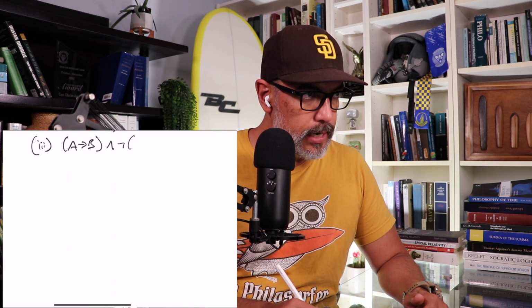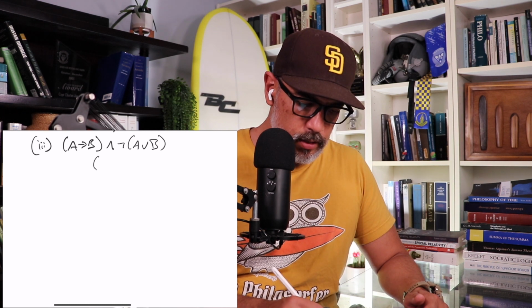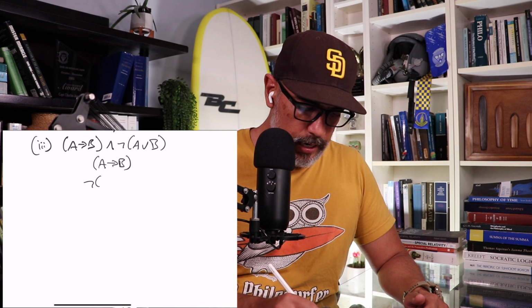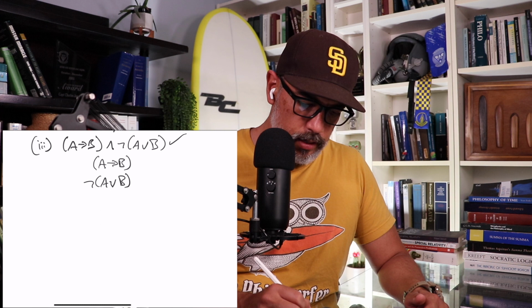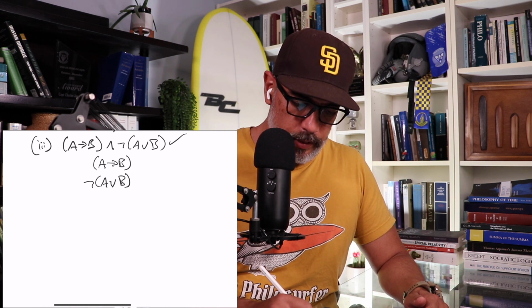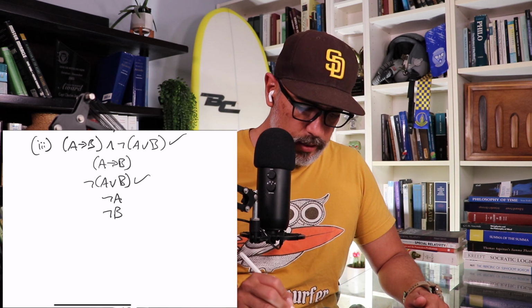Number 3. If A, then B, and not A or B. If A, then B, not A or B, check. Then let's do the rule for the negation of that disjunction. And that would be not A, not B, check.